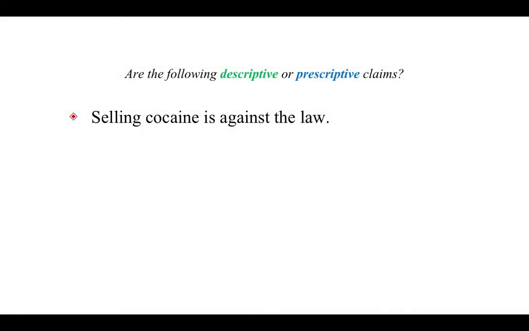What about this? Selling cocaine is against the law. Does this describe or does this prescribe to you? It's descriptive, right? It's telling you that it's unlawful for you to sell cocaine. Next, this one. Good.